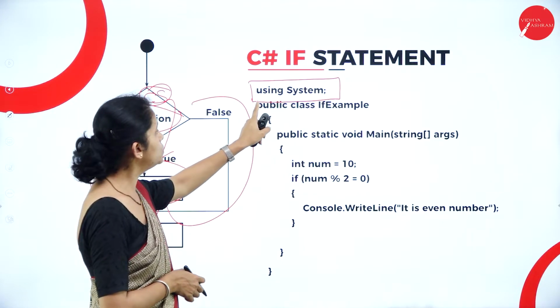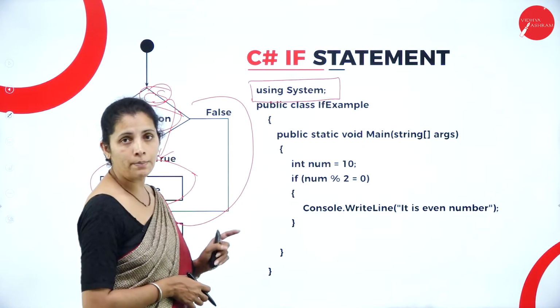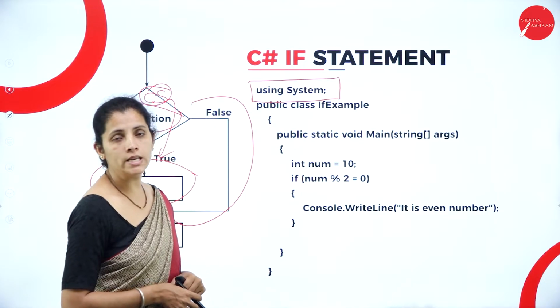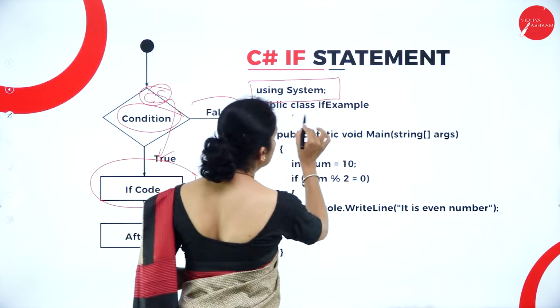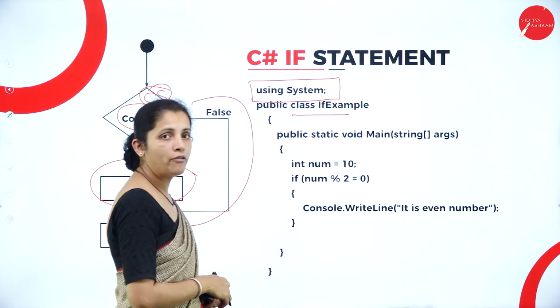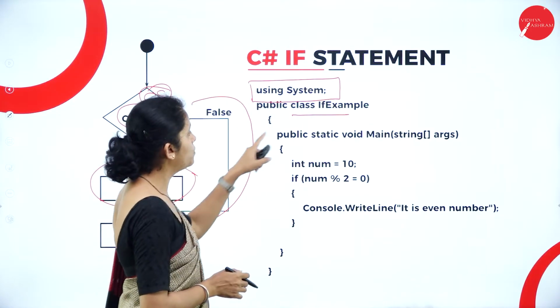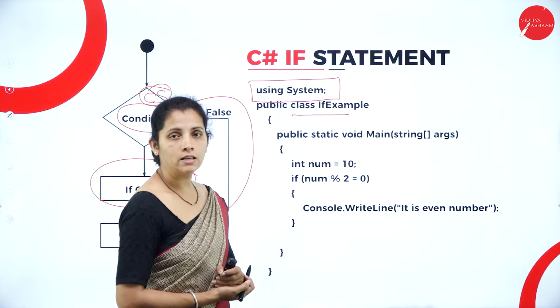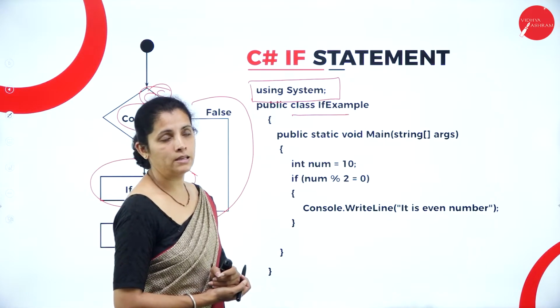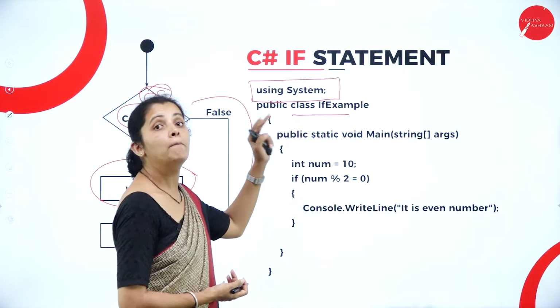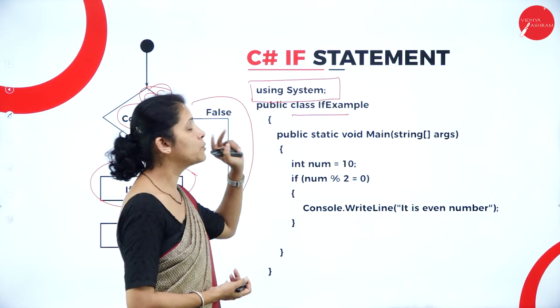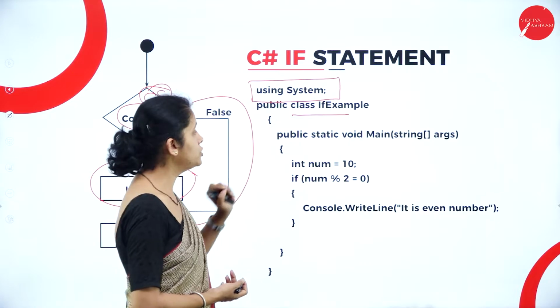So what will I do? I'm going to include the statement like using System. Now I'm going to create the class. It is of type public, and my class name is IfExample. Inside this class, I'm going to write the main function.